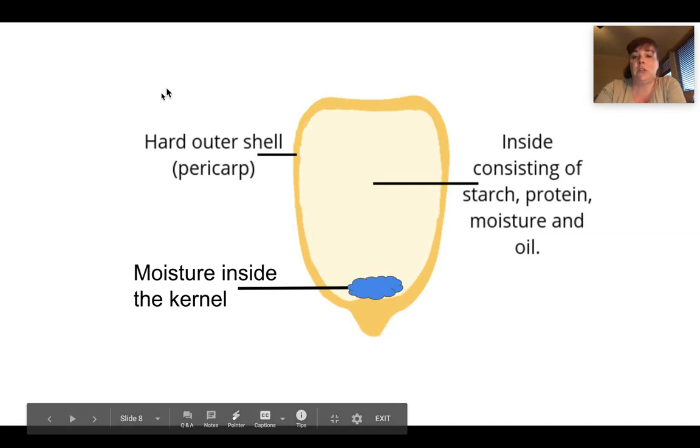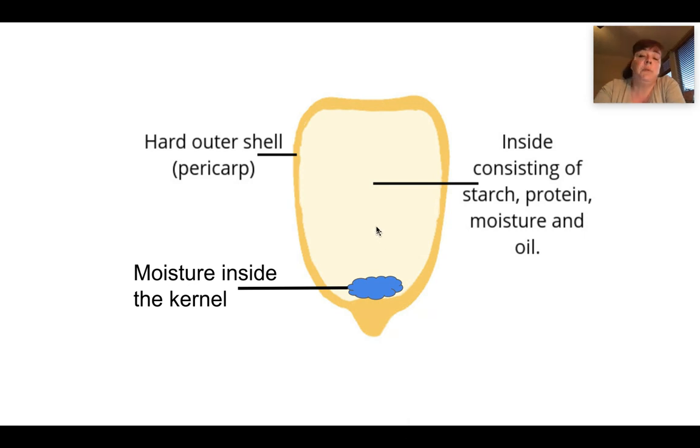The orangey part is the shell, and the inside has cornstarch and a little bit of protein and moisture and oil. That's where corn oil and cornstarch come from. And I added this little one, so we have some moisture inside the kernel. Now, the moisture normally is all the way through it, but this time I'm just putting it down here.